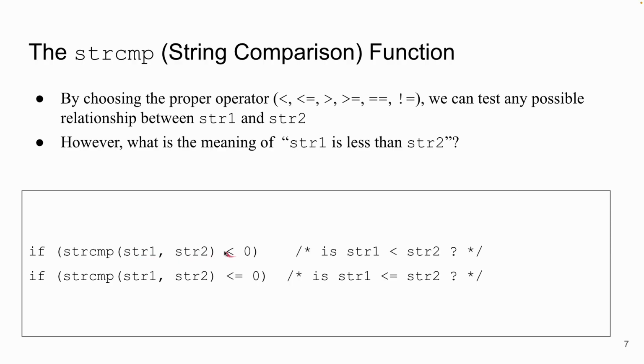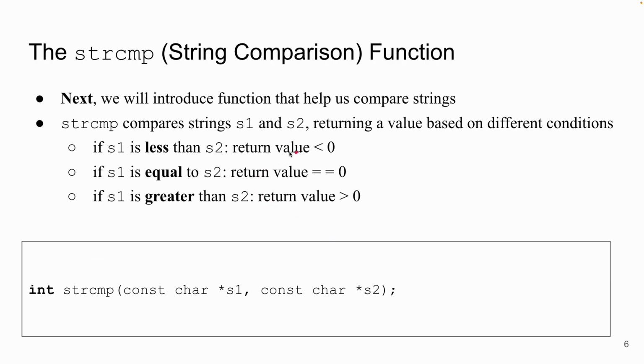If I test whether the return value is less than 0, what I want to test is if string 1 is less than string 2, because if so, the return value will be less than 0.